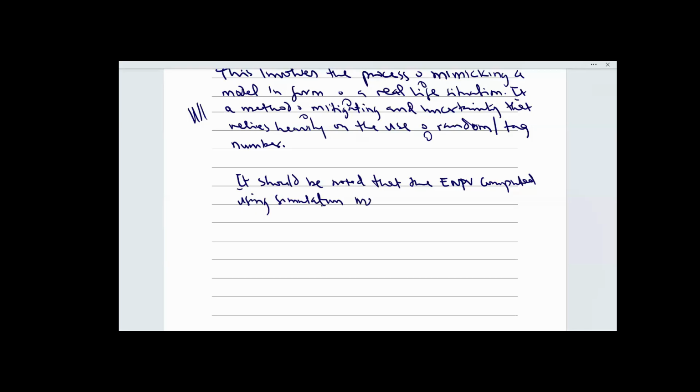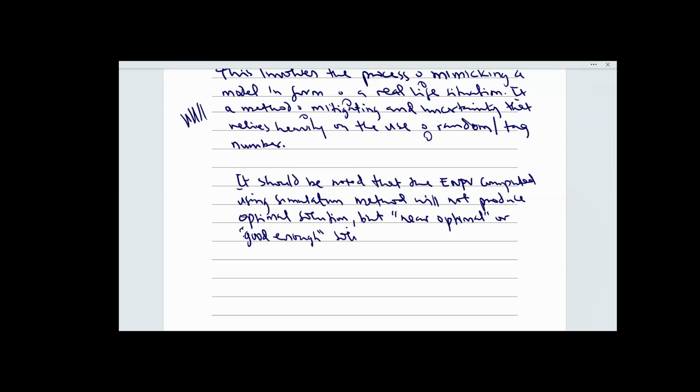Using simulation method will not produce an optimal solution, but a near optimal or good enough solution.